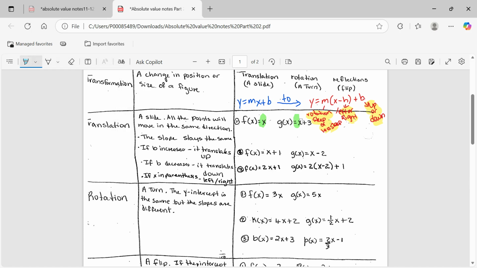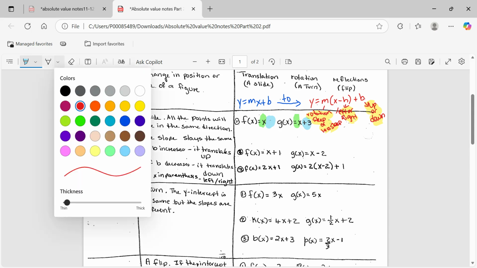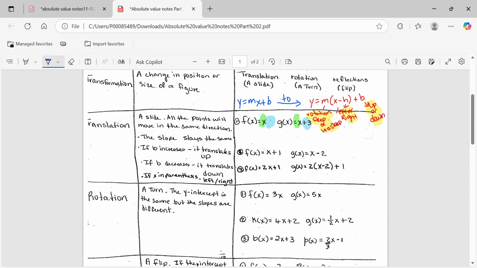Is there anything inside? I don't even see a parenthesis, so I know there's not. Then the last thing I'm going to look at, so nothing has changed so far, is the outskirts, which is the b. This b is 0, and I look out here, and this b is positive 3. Therefore, I know there is a change in the y-intercept. There is a change in the b in terms of going up or down. And so I know that this is going to be a vertical shift.